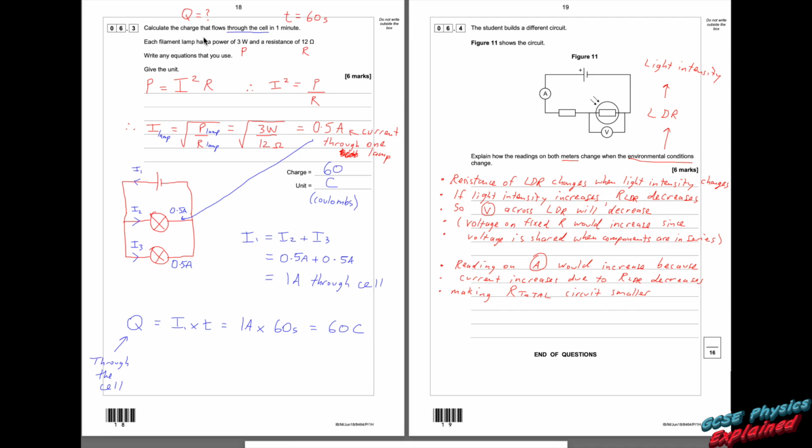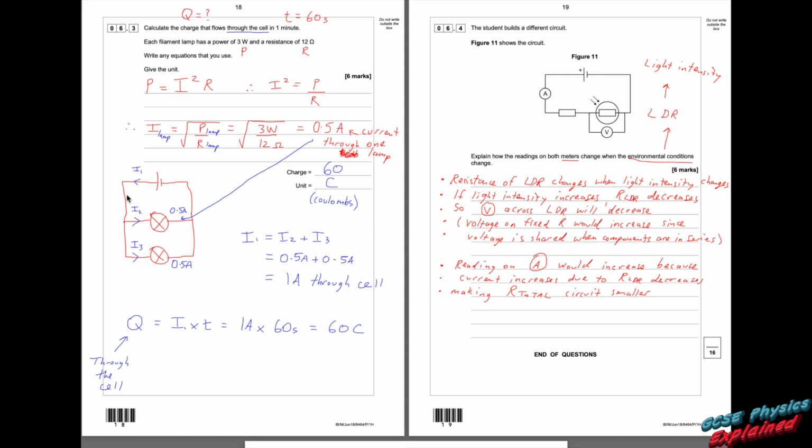Now the original question wants to know the charge through the cell. So we need to know the current through the cell. So that's I1. So I1, remember from the last question, is I2 plus I3. So we'll add that to that, and it comes out as 1 amp of current going through the cell.